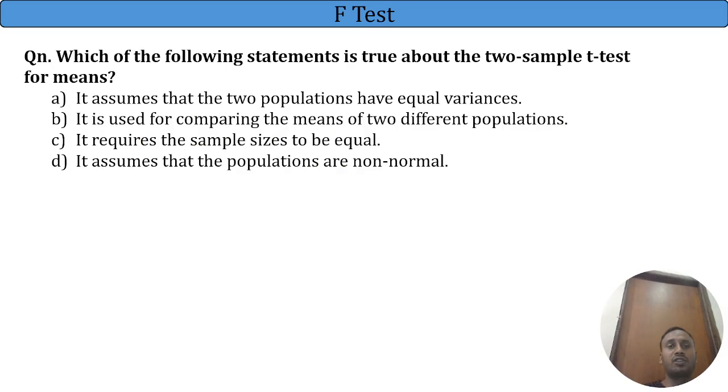Okay, so now we'll solve some problems based upon what we have done, like the sample t-test and all we have seen. So how are we going to proceed? Can you just read out the question and then tell me what will be the answer? Just try to solve. Which of the following statements is true about the two sample t-test for the means?